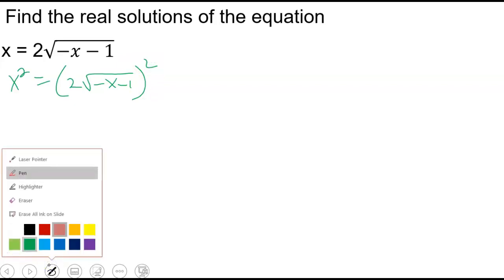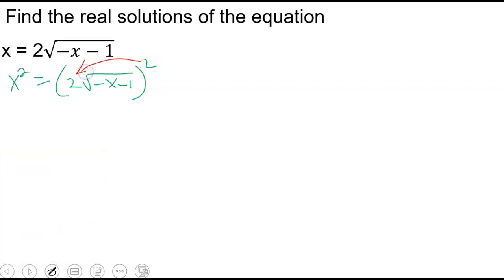So this square is going to go to both this and that. And that square, 2 squared is 4. And then the square will cross out the square root. We have negative x minus 1. So distribute negative 4x and negative 4.